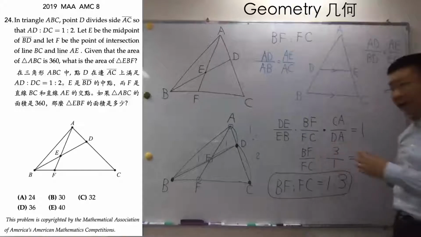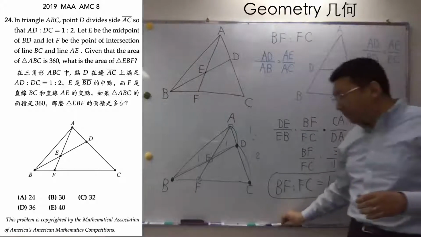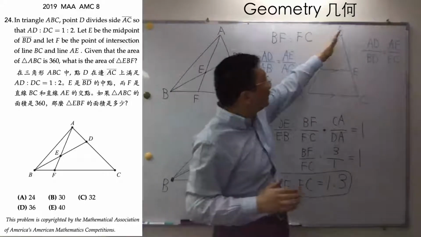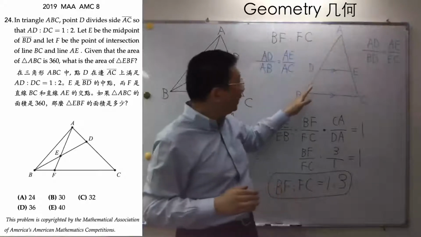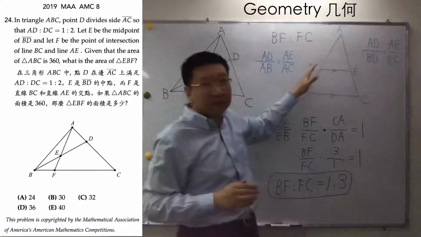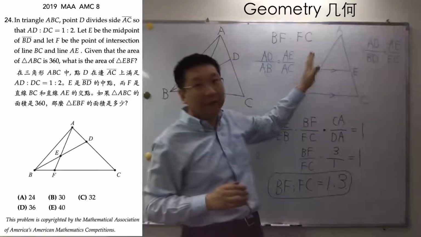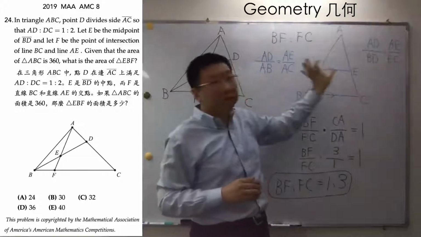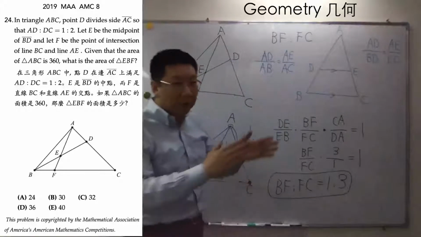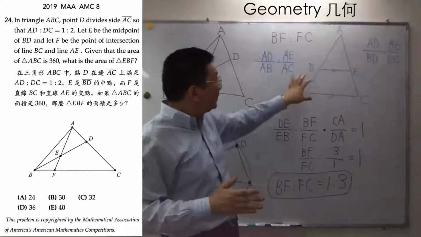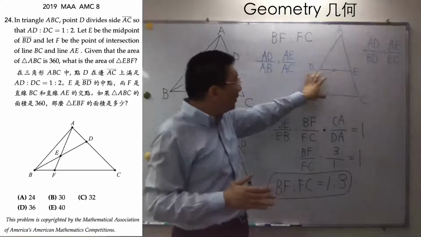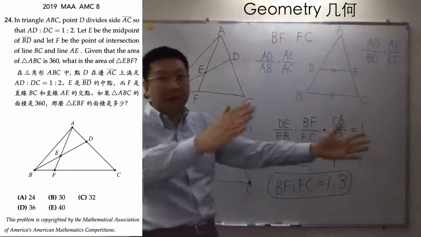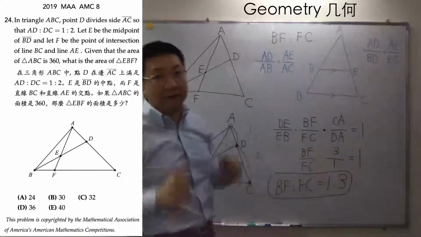So the idea is, once you have parallel lines, whatever the ratio on one side, ADB, you form a corresponding ratio on the other line, AEC. The ratios would be the same. So this formula gives us a way to translate the ratio from one line to the other through the parallel lines.